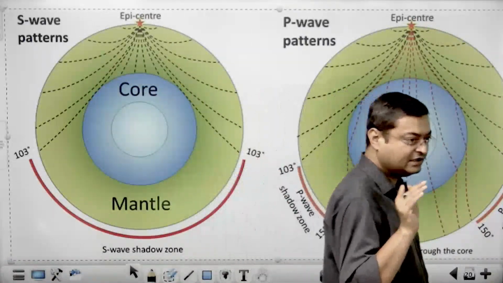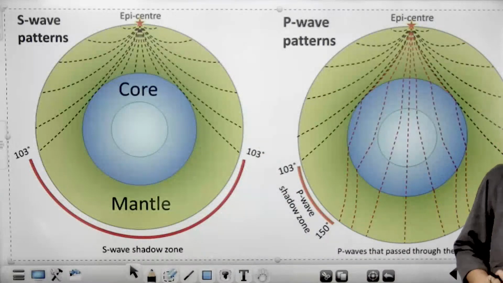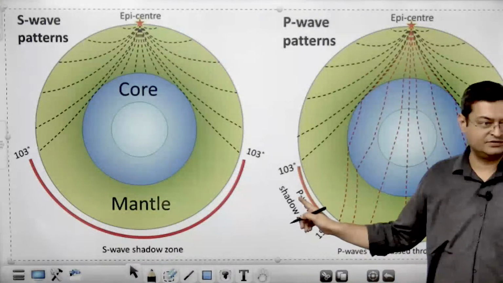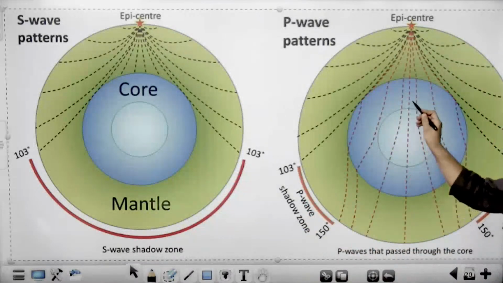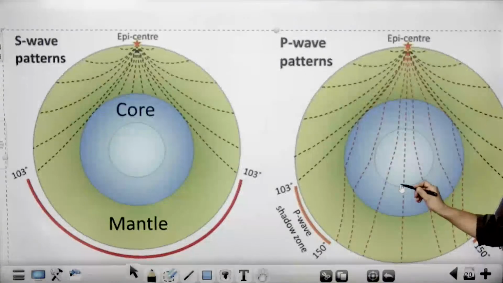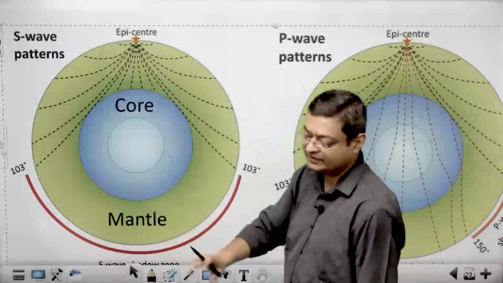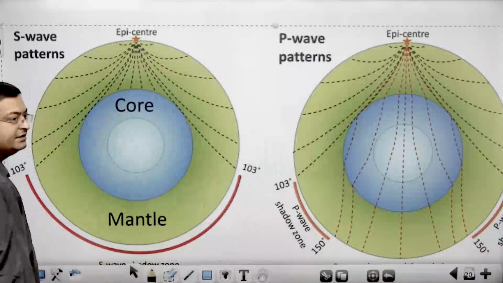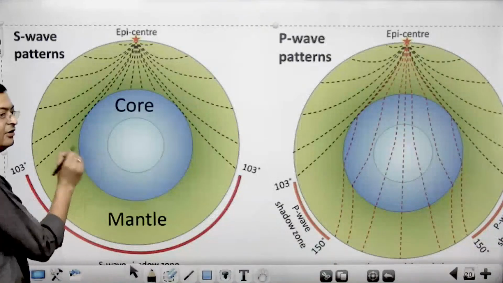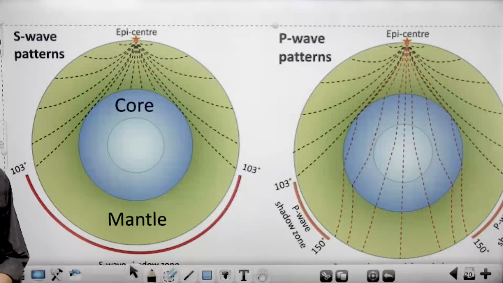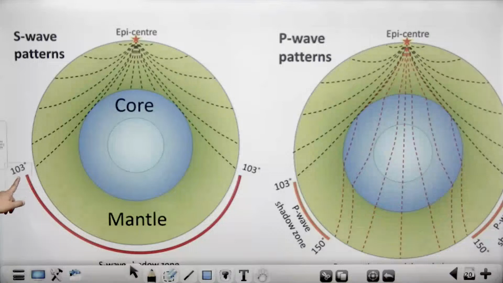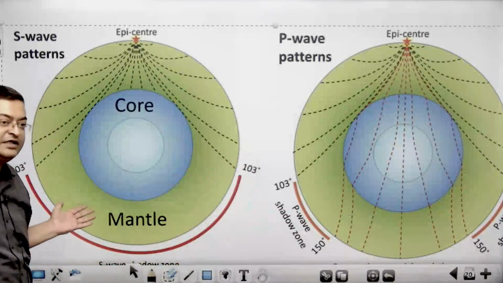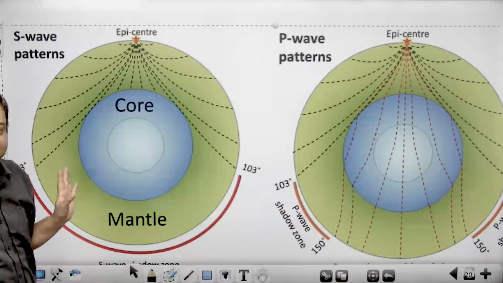P wave was curving itself, it was bending, it was refracting, and there was a shadow zone, but clearly it was going from the midsection. But as the S wave reaches right from where the P waves were bending, S wave cannot pass through liquid. So right from 103 to 103 degrees in both the hemispheres, S waves are absent.